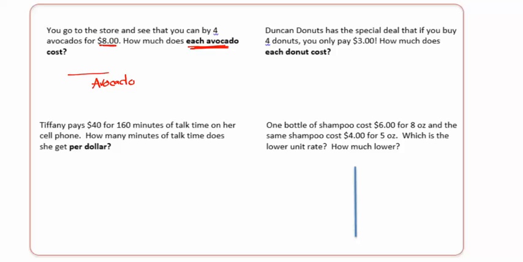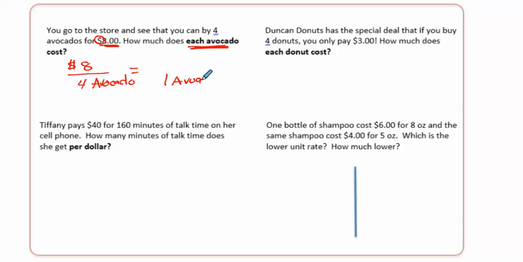And what's on top? This 8 represents money. I'm going to tell you this: for the majority of the time, if you're dealing with money, money is going to go on top. Almost always money will go on top because you would want to be figuring out how much the cost is per item. So I want to know how much 1 avocado costs.